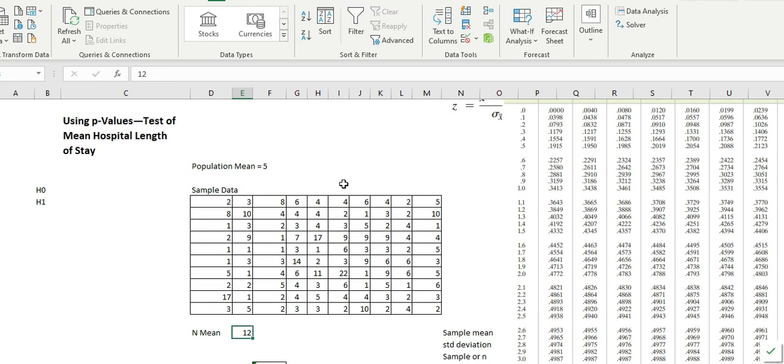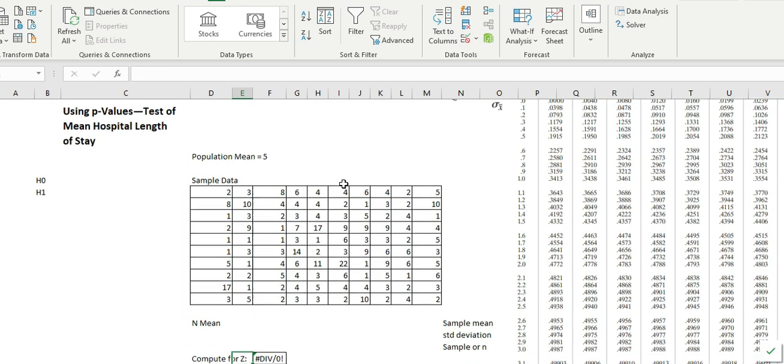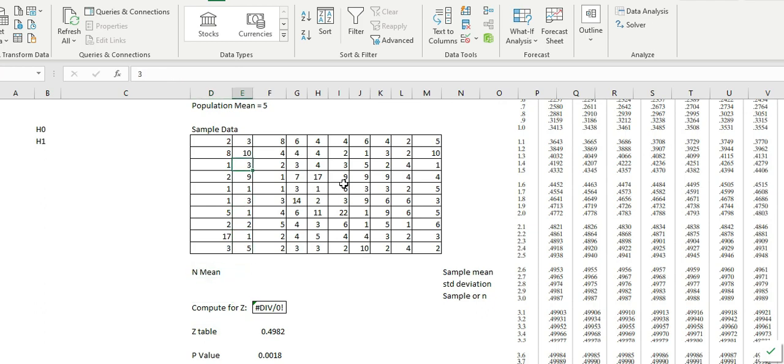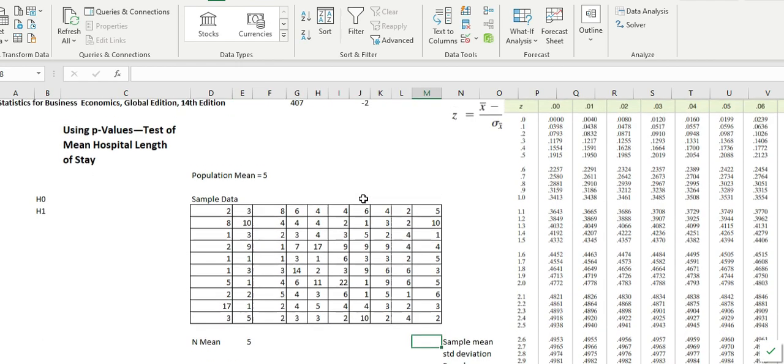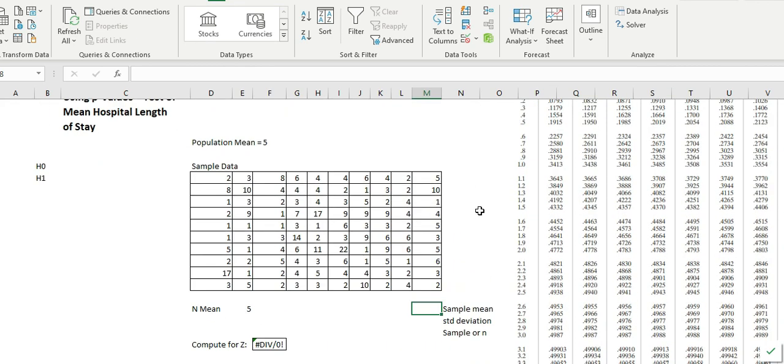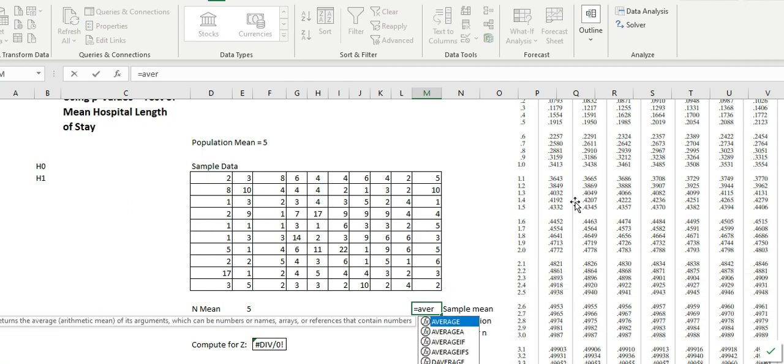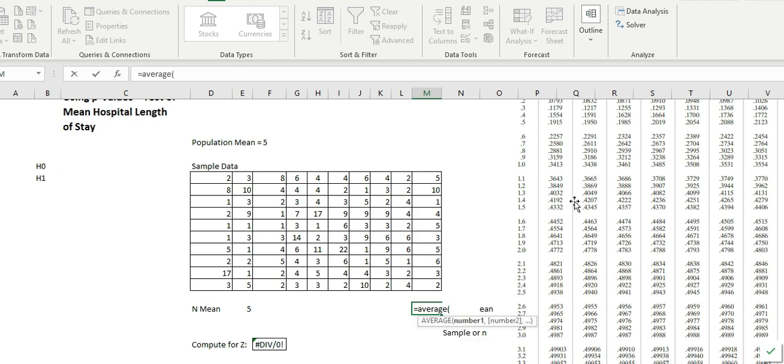And the mean is equal to 5. First, before computing the p-value, same process, we need to get the sample mean by using the average.